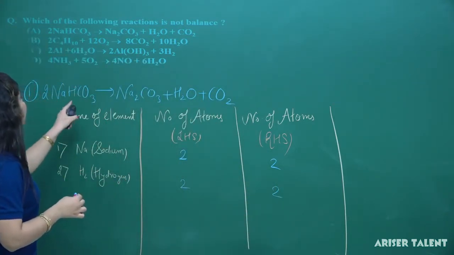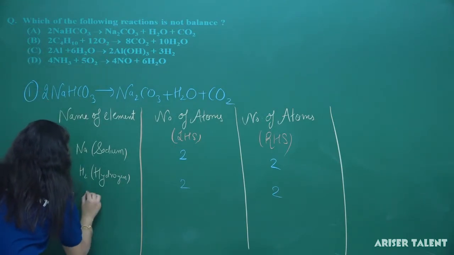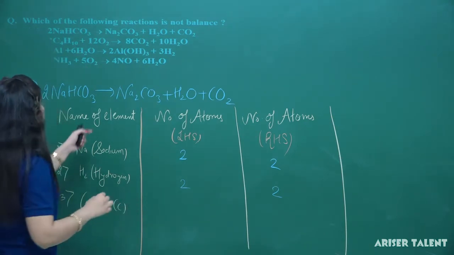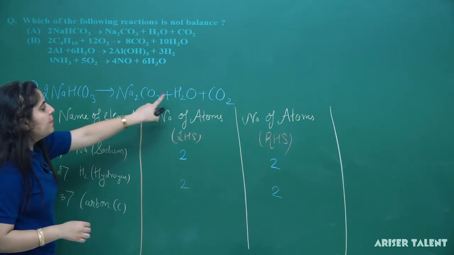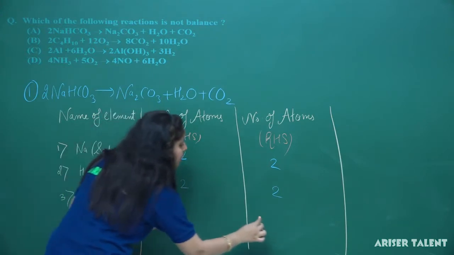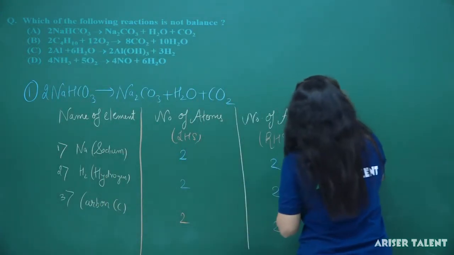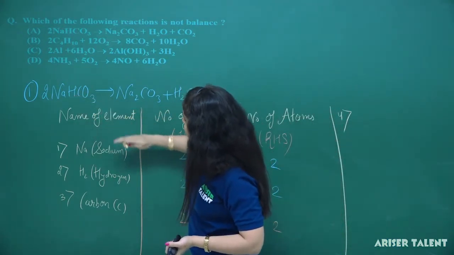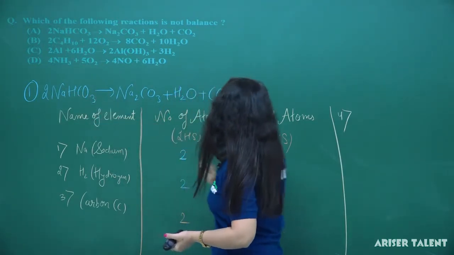Now proceeding to our next element, carbon, C. Carbon here is 2 and again here we are getting 1 plus 1, 2. So the carbon here is 2 and 2. Hydrogen we have balanced, sodium we have balanced. After carbon we are with oxygen.